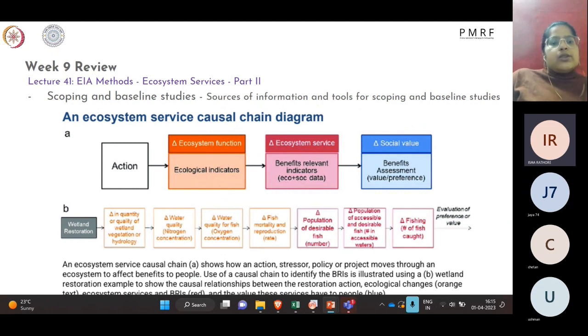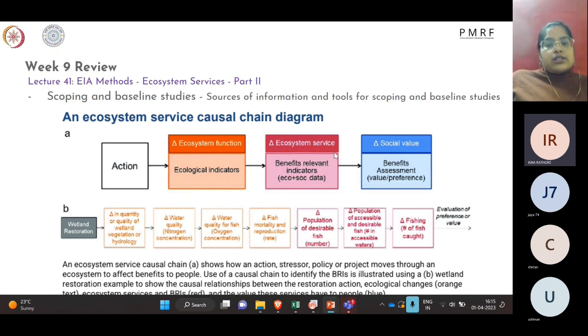And then this is also another system, so you can have a causal chain network. Again, these are the actions which you're doing in your project. Then this is the ecosystem function which is getting affected, with ecological indicators like loss in biodiversity, for example, or loss of arable land in the previous case.